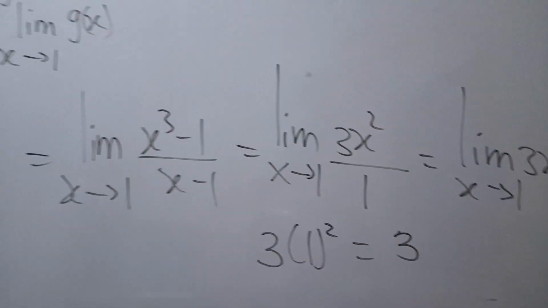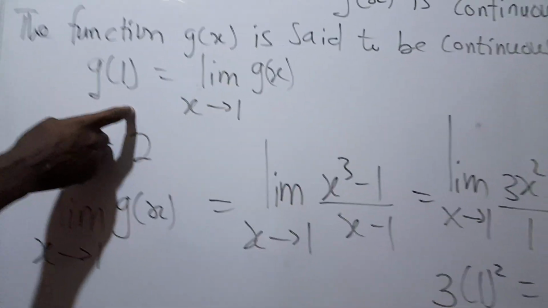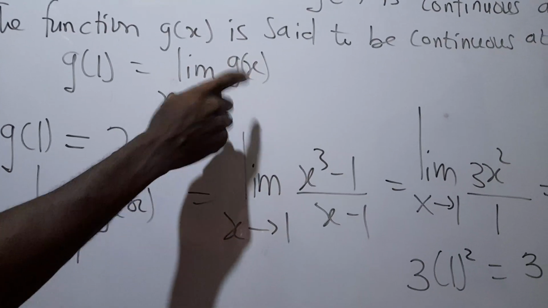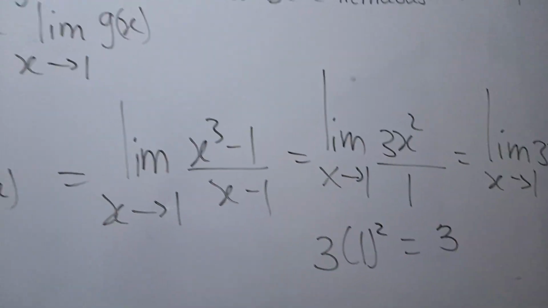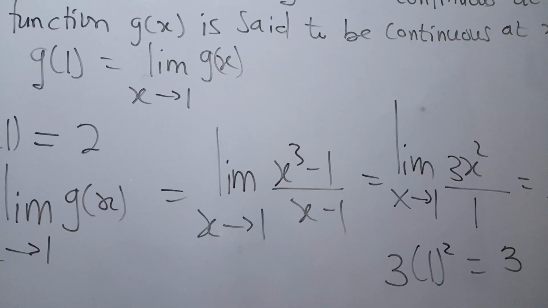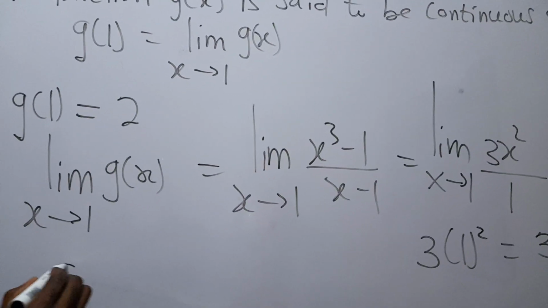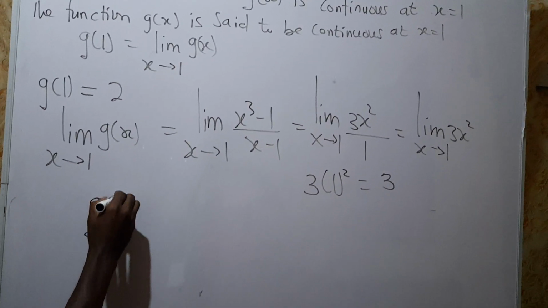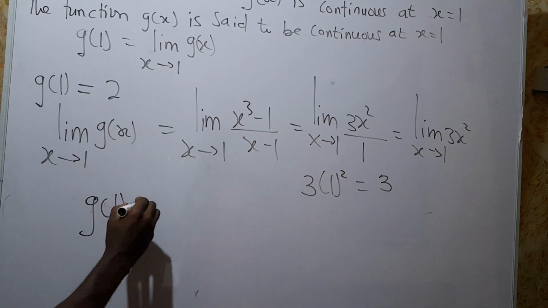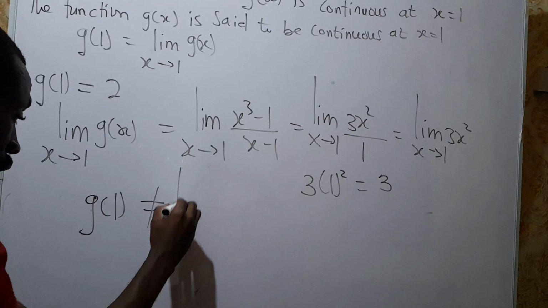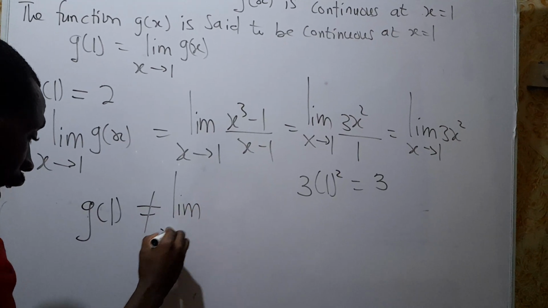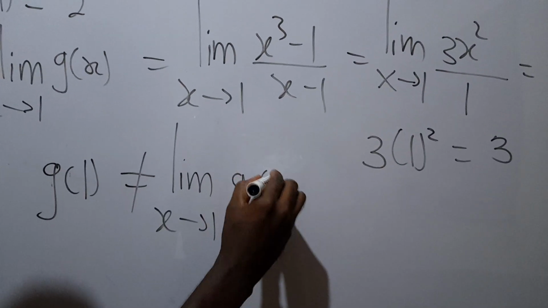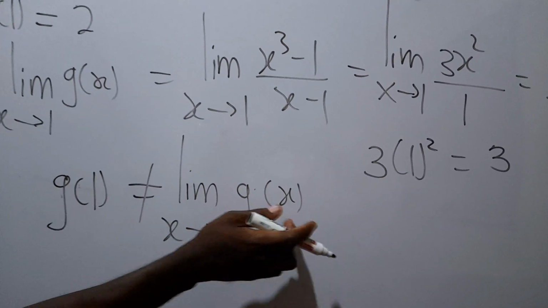So we realize that g of 1 is 2, and the limit of g of x where x approaches 1 is 3. They are not equal. So we can say that our g of 1, which is equal to 2, is not equal to the limit where x approaches 1 of g of x, and that one is 3.